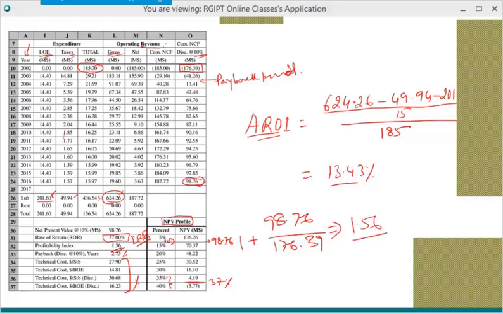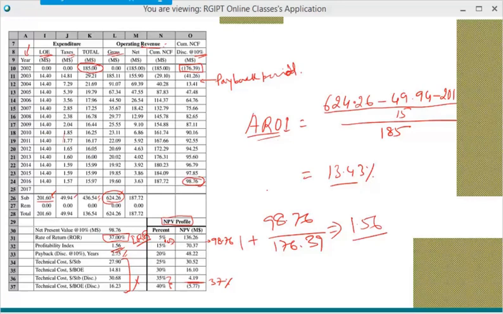But I think only up to this is all right. So you have NPV, IRR, the payback period, and the profitability index.